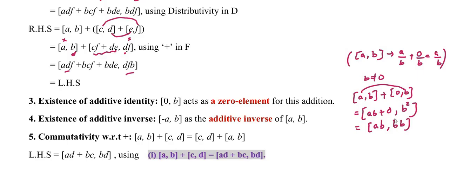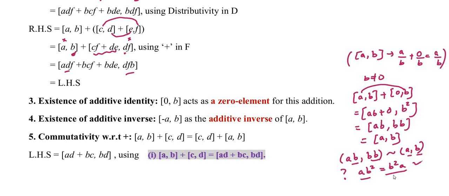Remember in this note we already said that AXX can be regarded as A1. So in the same way here, this is equivalent to AB, because the elements AB, BB ordered pair is related to AB. Why? Because this into this, which is AB square, is same as B square A. So because this is true, this one is true.